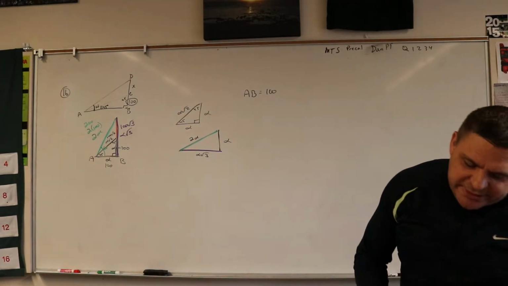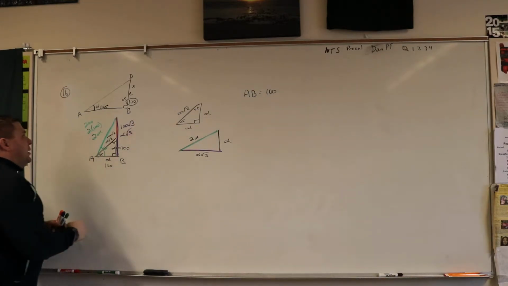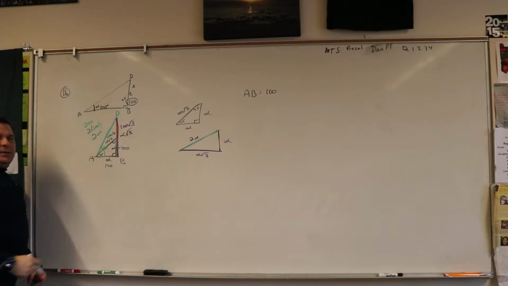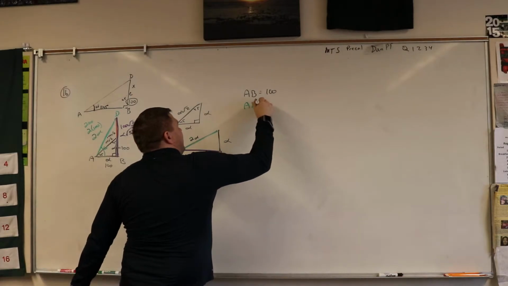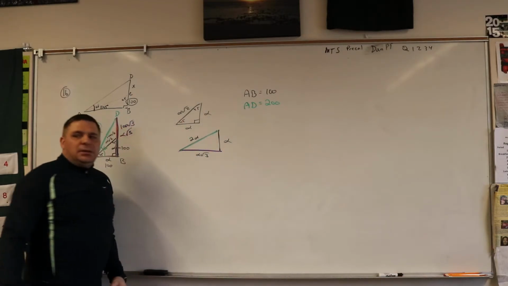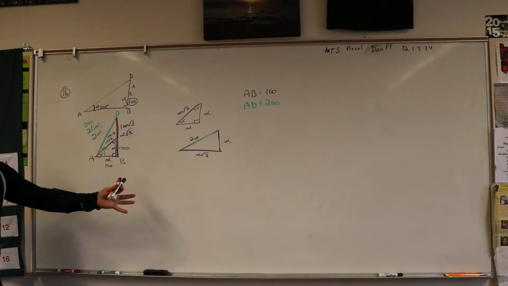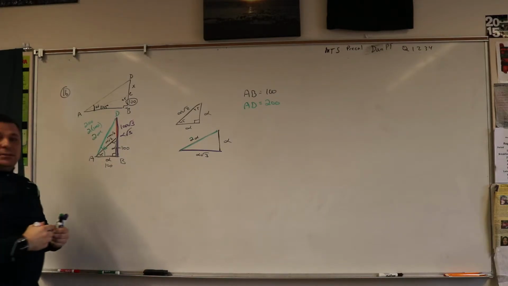Then they want to know what AD is. Well, AD is from here to here, right? 200. So AD is 200. Here comes the crux of the problem. The reason why we wanted the orange. Because the orange is, they want to know what X is.